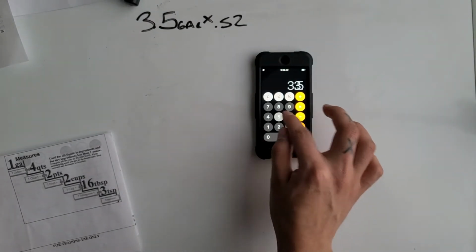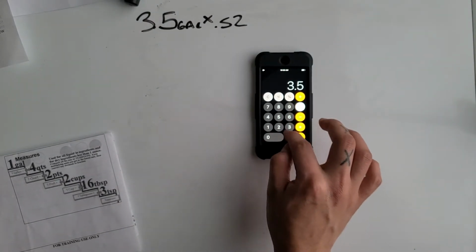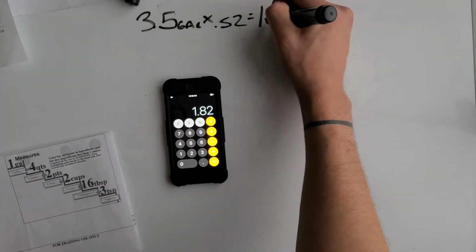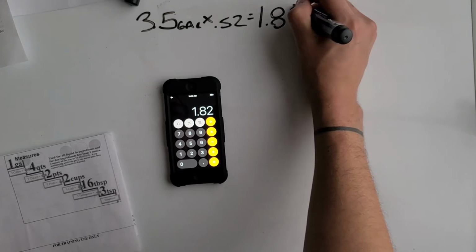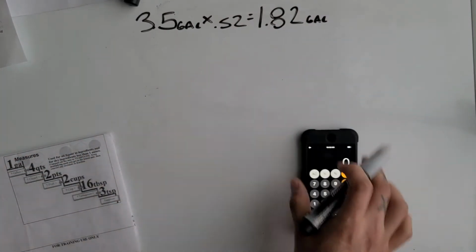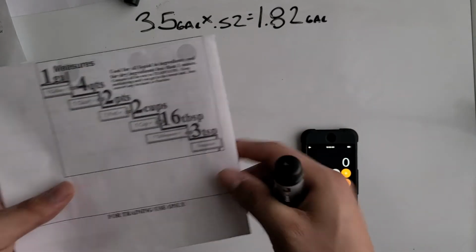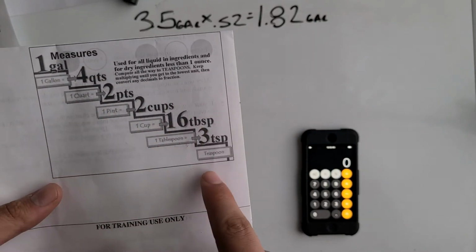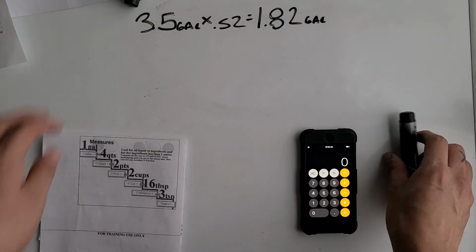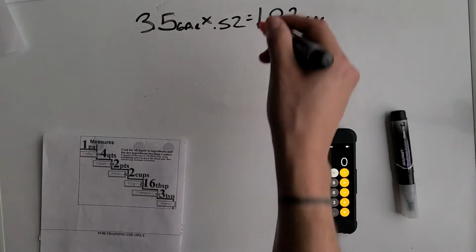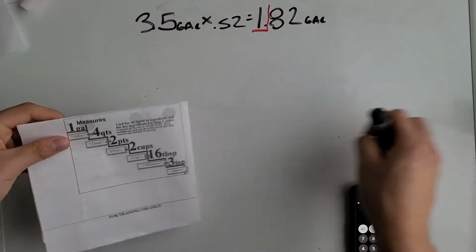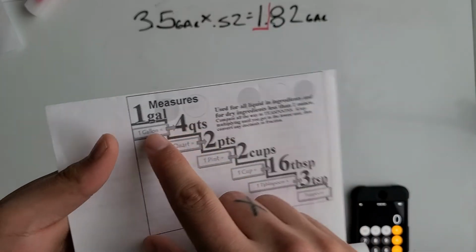So 3.5 times 0.52 equals 1.82 gallons. But we can't leave it like that because of that decimal. We have to make it to its simplest form. The first thing you want to do is block off your whole number, and then multiply the remaining decimal by whatever unit is under it.